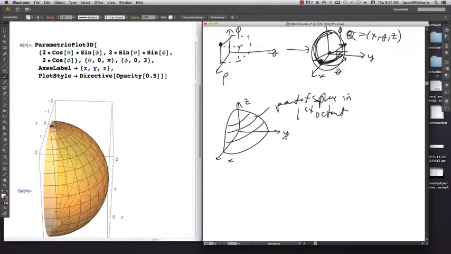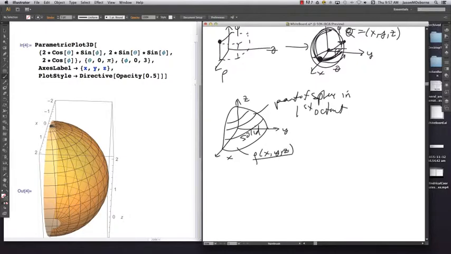Okay? And this is solid, right? Because it's a 3D region. And what if we had some density function on that, and it was our job to figure out how much this little wedge of a solid, this wedge of a sphere, what is its mass if we have a density function of rho.